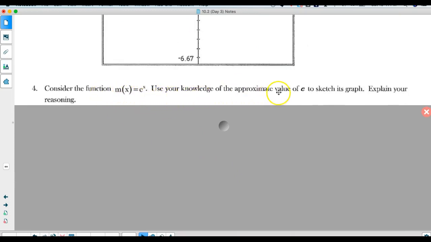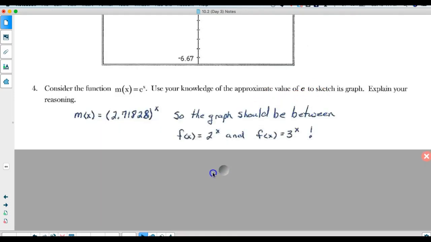So consider the function y equals e to the x. Use your knowledge to approximate the value of e to sketch its graph, and explain your reasoning. It's really not too difficult. If e is 2.71828, we approximate e as 2.72, which falls between 2 and 3, so the graph of e to the x should fall between the graphs of 2 to the x and 3 to the x.